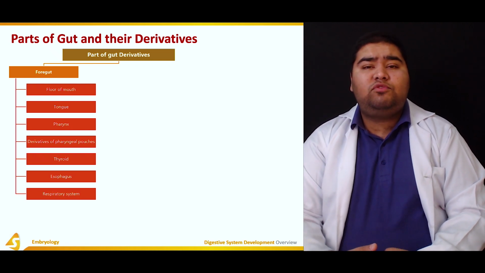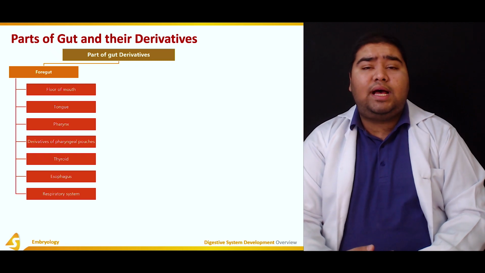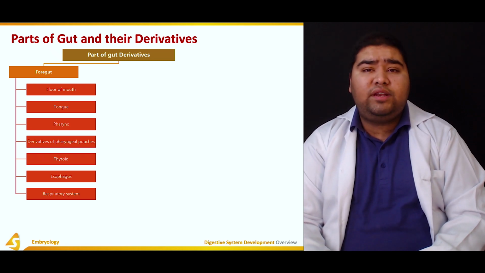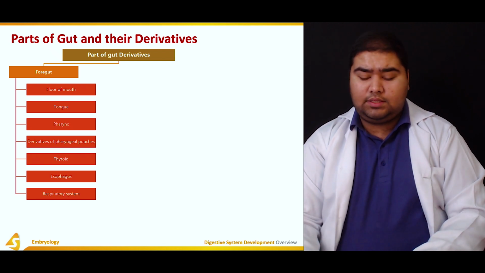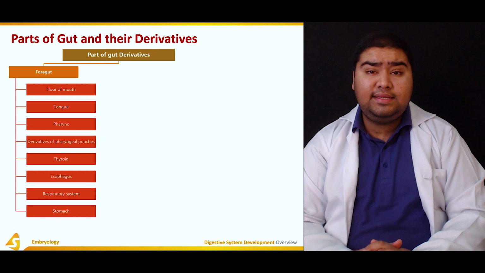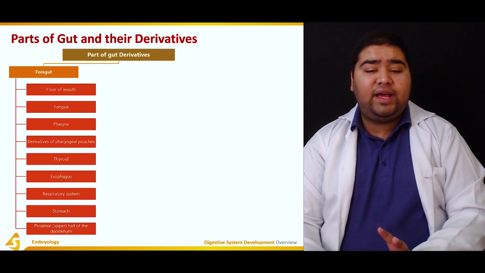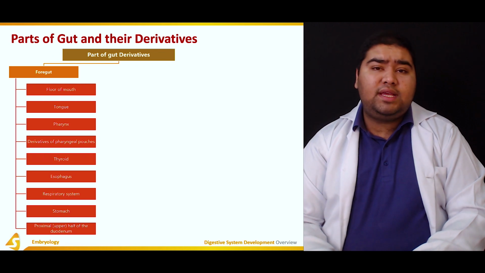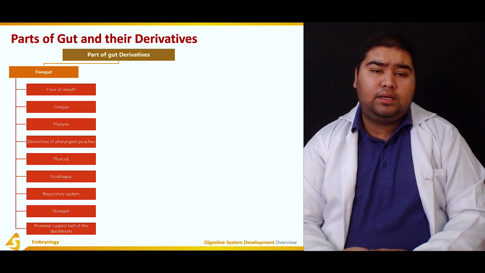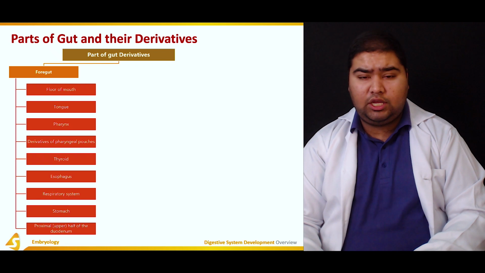The respiratory system develops from the respiratory diverticulum that is formed in the ventral part of the developing esophagus. Then the stomach, and finally the proximal or upper half of the duodenum. All of these are formed by the foregut in an adult human.